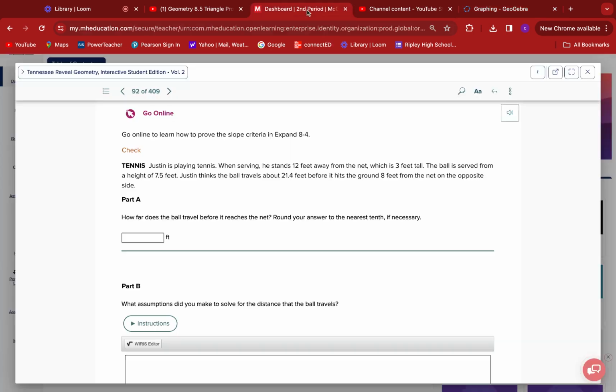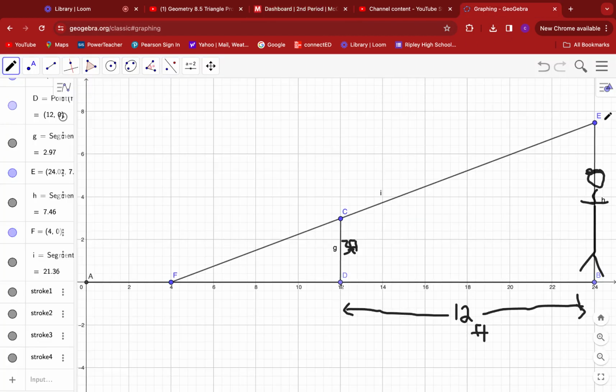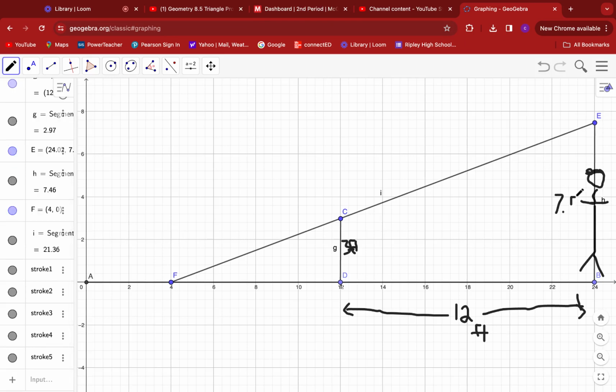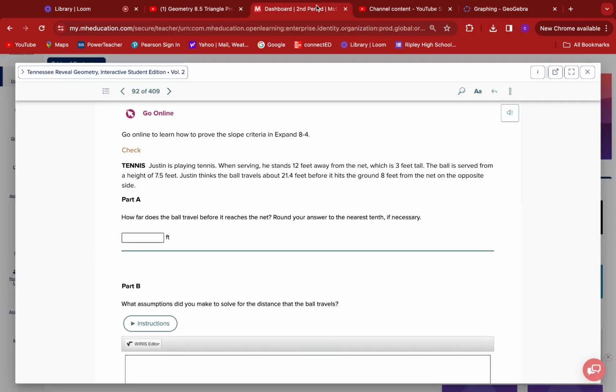Okay, back to it. The ball is served from the height of 7.5 feet. So he throws the ball up, smacks it right there, 7.5 feet. All right, what we got here?